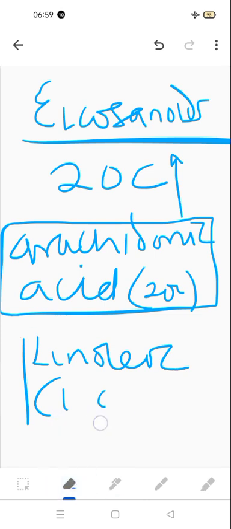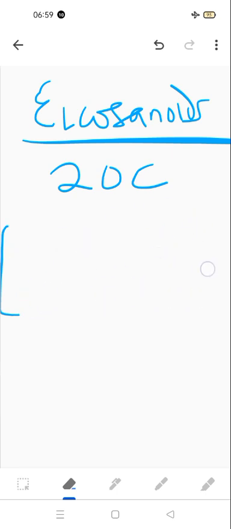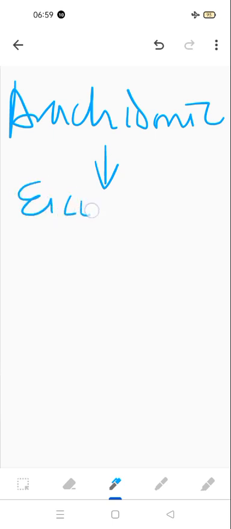Now just to reiterate, our arachidonic acid, which is the primary precursor, gives us some bioactive compounds which are called eicosanoids.